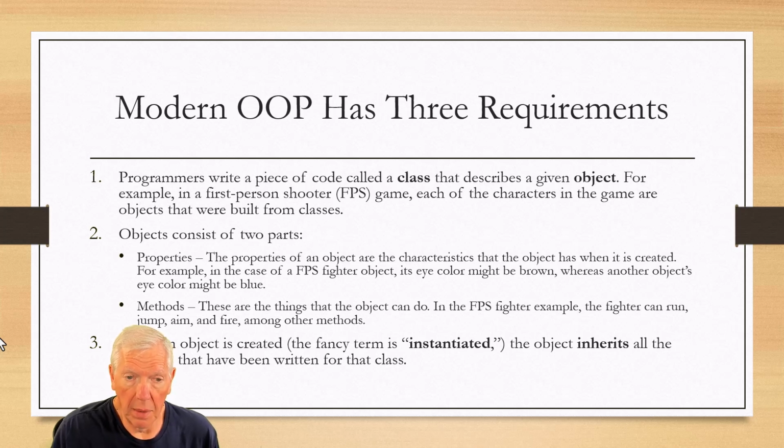And I'll show an example of that to you in a minute. We also have what are called methods. Methods are little pieces of bite-sized code that tell the object things that it can do. So if you don't write a method for an object, it can't do that. So you've got to be very careful thinking about all of the methods that an object might be able to use, and then it inherits those methods.